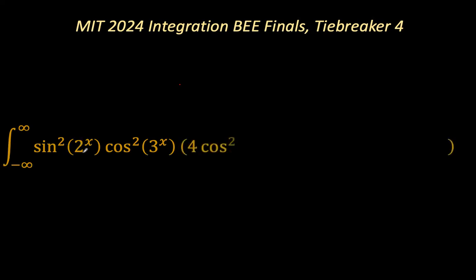So today's problem comes from the MIT 2024 Integration Bee Finals, tiebreaker number 4, which is the definite integral from x equals negative infinity to positive infinity of sine squared of 2 to the power x, cosine squared of 3 to the power x, times the bracket 4 cosine squared 2 to the power x, another bracket 4 cosine squared 3 to the power x minus 3, close bracket squared, minus 1, close bracket.